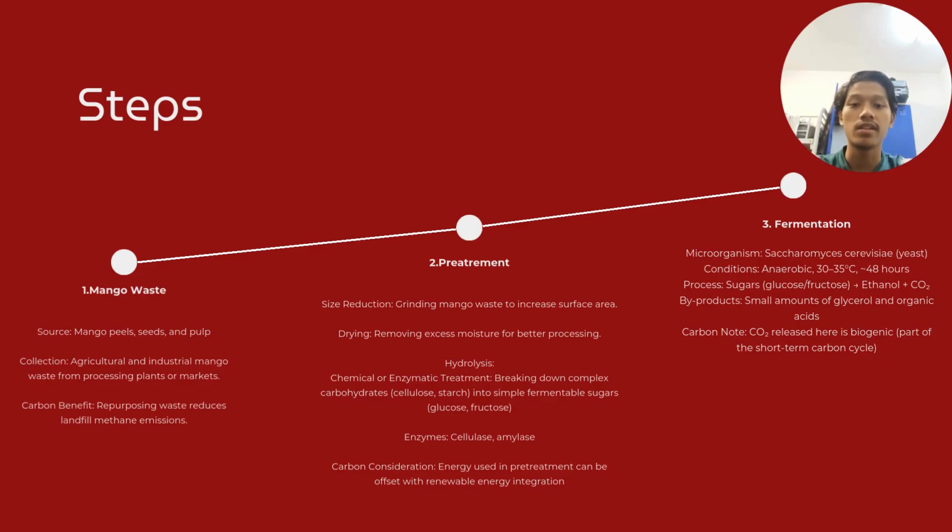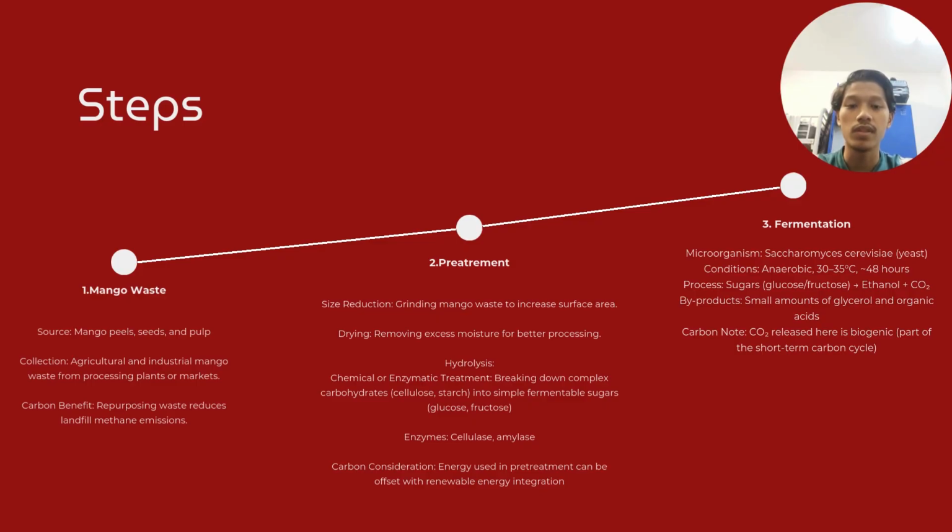The second step is pre-treatment. We need to pre-treat the mango waste, such as by reducing the size. By grinding the mango waste into smaller particles, it will increase the surface area of each particle. After that, we can dry the mango waste to remove excess moisture for better processing.